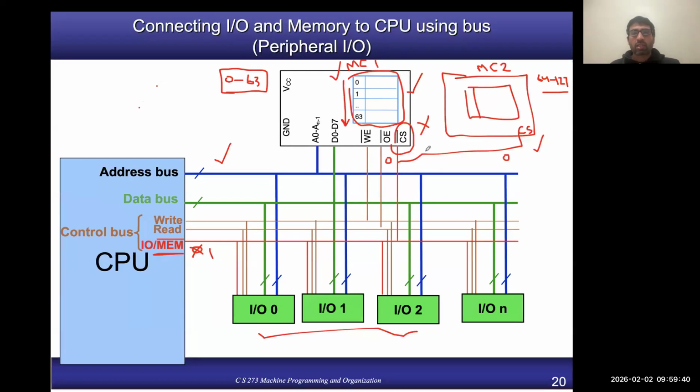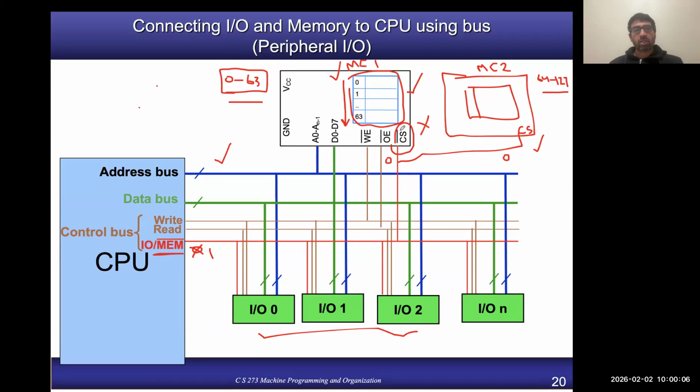So how can we answer this question? How can I do this if the address is in the range 0 to 63 and I want to use the memory, but I cannot differentiate which memory chip? How can I enable my target memory chip just by looking at the address? For that, what we need to do is address decoding. Okay.